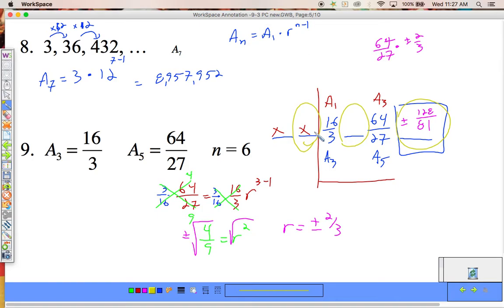I don't know. Every other term on this problem could be negative if my ratio is negative, or it also could be positive if my ratio is positive. Since I'm missing every other term, I need to make sure I have a plus or minus. And that all comes down to, we say it all the time, when you cancel an even root, by square rooting it, fourth root it, eighth rooting it, you'll always get a plus or minus.